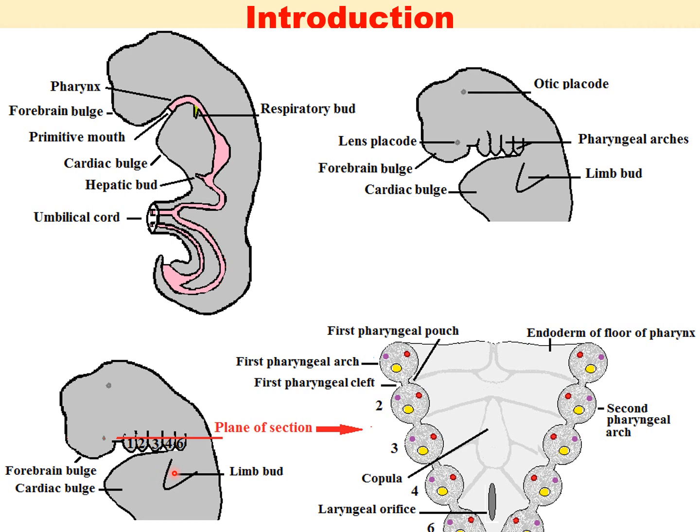So the remaining five are the first, the second, the third, fourth, and sixth. We do not call the last one the fifth, but the sixth, as the fifth arch completely disappears.